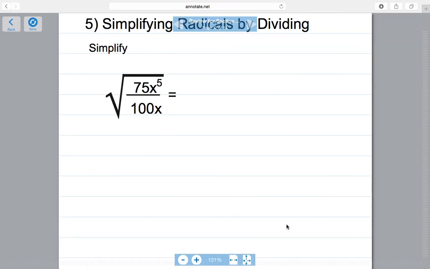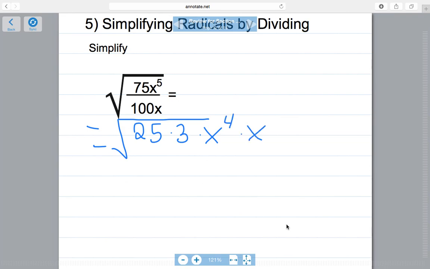Okay, let's see, simplifying radicals by dividing. So let's look at this one. So whenever I look at this problem, I can do a couple different things. I can leave it all underneath the radical and rewrite it as 25 times 3 times x to the 4th times x.